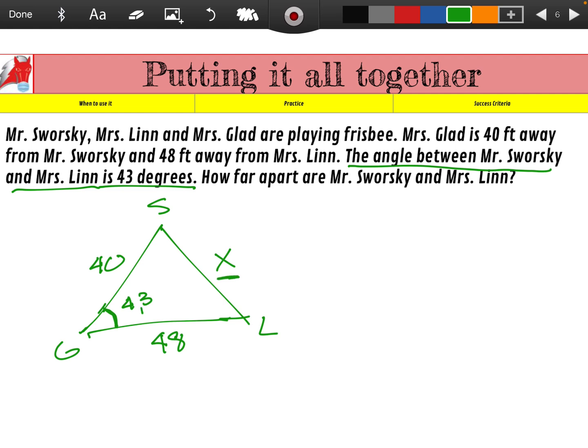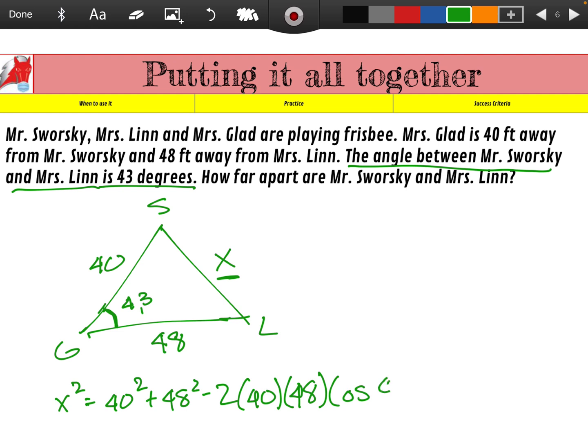Well, side angle side would say law of cosines. So I got x squared equals 40 squared plus 48 squared minus 2 times 40 times 48 times cosine 43. All that goes in. I get x squared equals 1095.6.